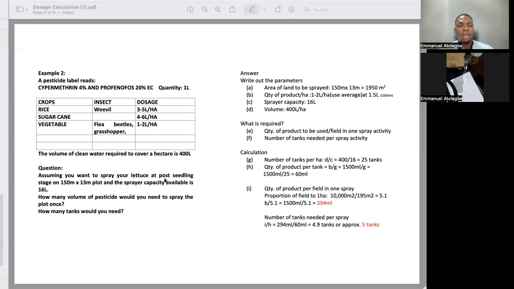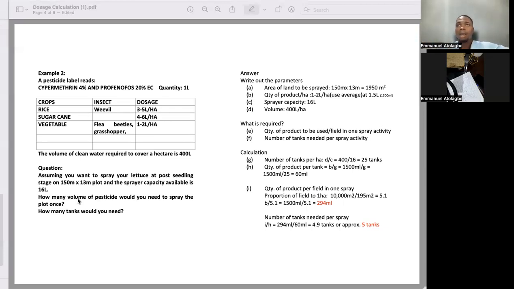Assuming you want to spray your lettuce at post-seedling stage, that is, you've transplanted, on 1,950 square meters, and the sprayer capacity is 16 liters. How much volume of pesticide would you need to spray at once? That is, you have enough workers, and you want to give them all of the knapsacks on the farm to just face the problem.